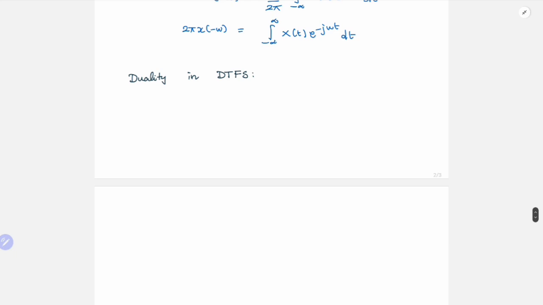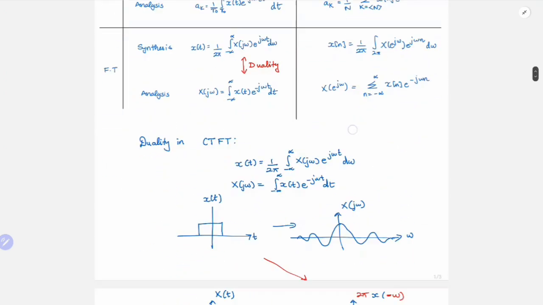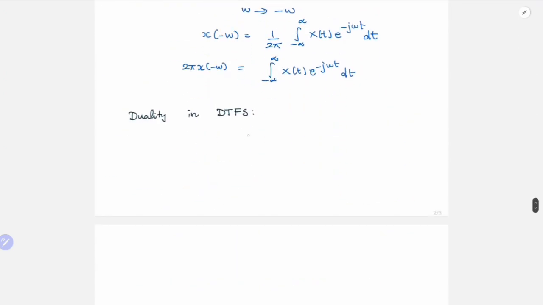Again, first let me write out both the equations, my synthesis and analysis equation. So what is my synthesis equation? x of n equal to sum over k in N of ak e power j k 2 pi over N into n.